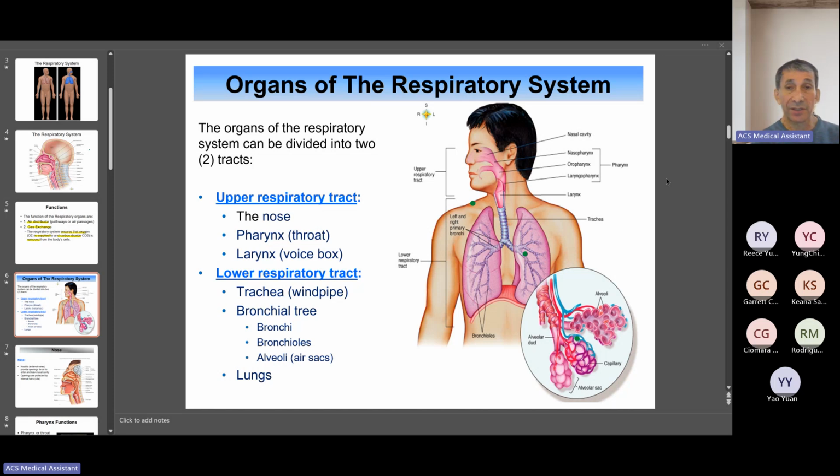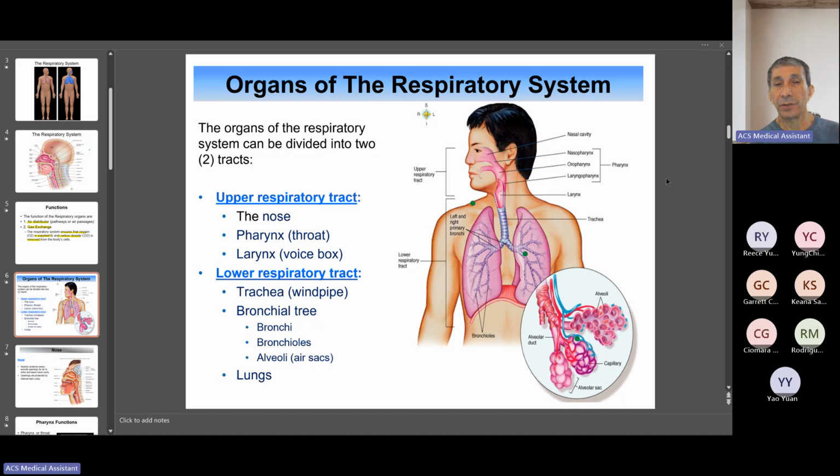We have to keep these two divisions separated because upper respiratory structures can cause certain types of conditions, and the lower respiratory tract can cause other respiratory conditions.